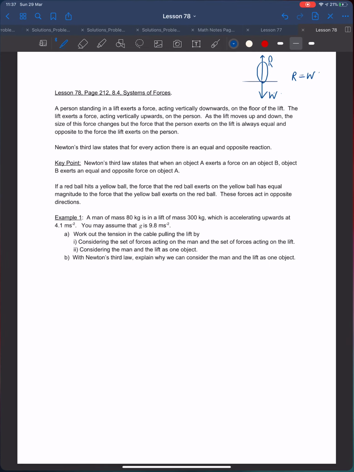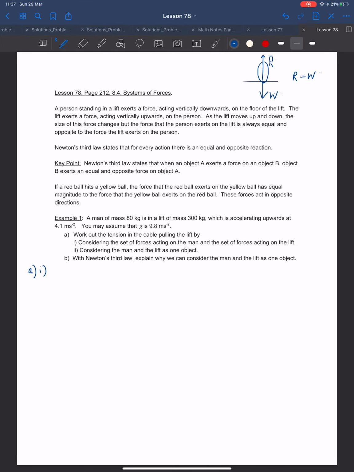Okay, so let's do A1 first of all. So we've got a lift containing a man, and the man weighs 80 kilograms.